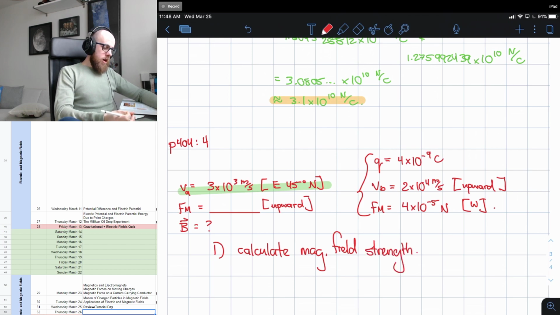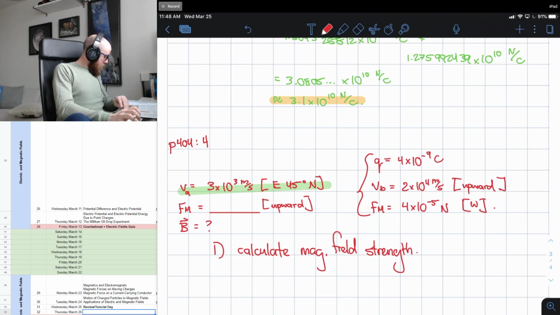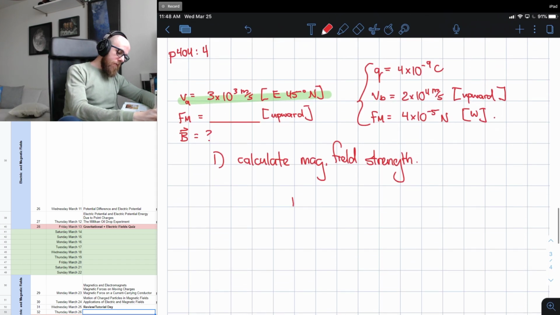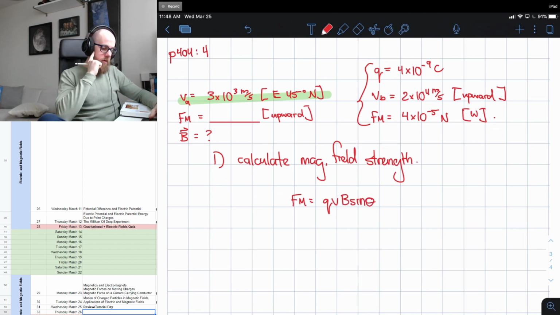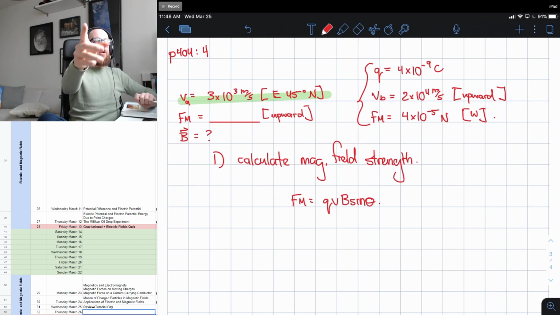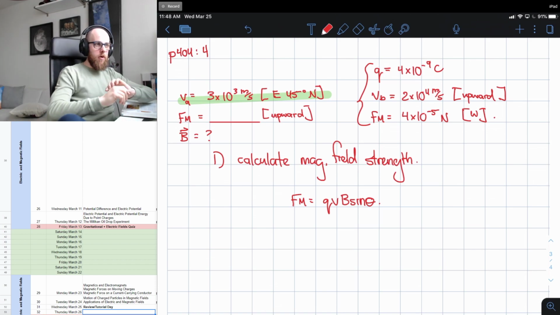Okay. So to do that, I'm going to use my FM formula, FM equals QVB sine theta. Oh, wait. I need to know an angle. So I think that's where this other part comes in, this east 45 degrees north, right?